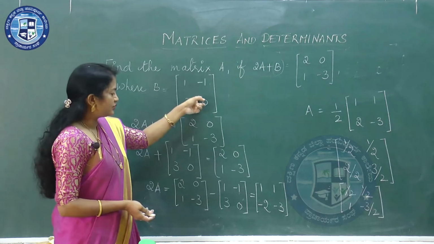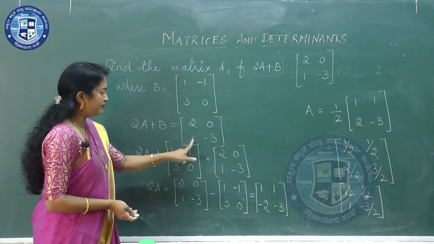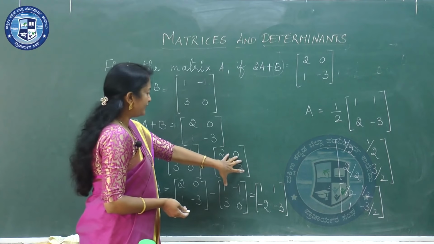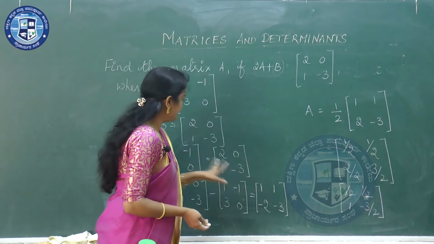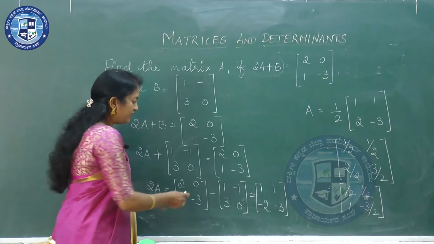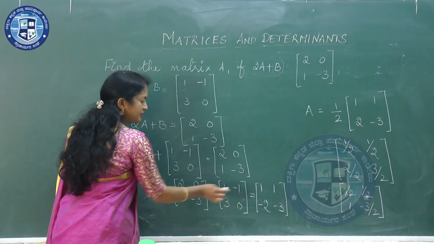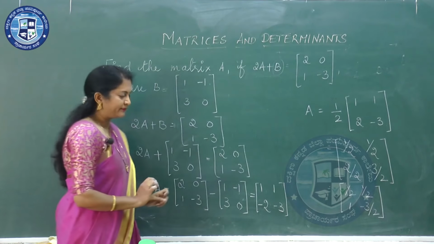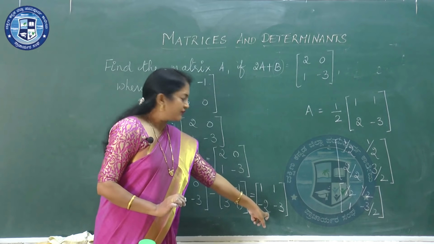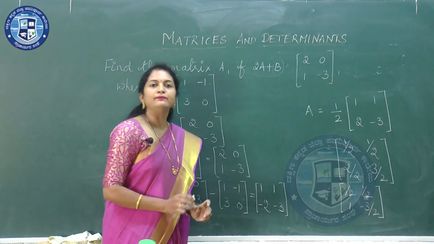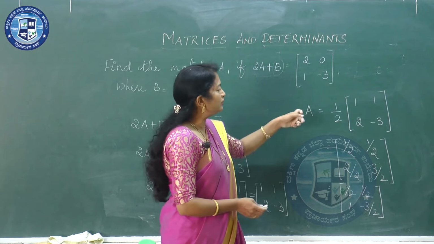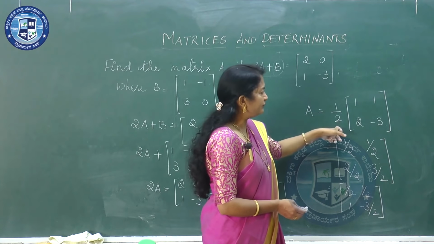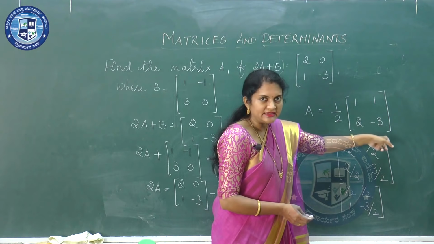Next B is also given, we substituted in the place of B the given matrix. Later 2A is equal to this matrix minus the matrix B. When we do the subtraction of these two matrices, then we get the resulting matrix like this. 2A is matrix 1, 1, minus 2, minus 3, but we need to find A, so we divided both the sides by 2. So you get A is equal to half of 1, 1, minus 2, minus 3.